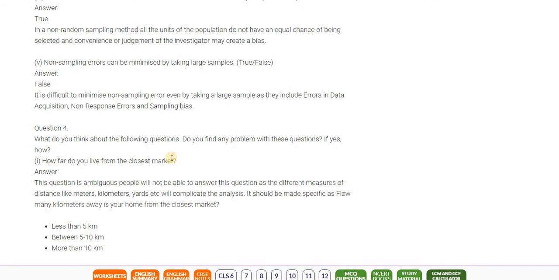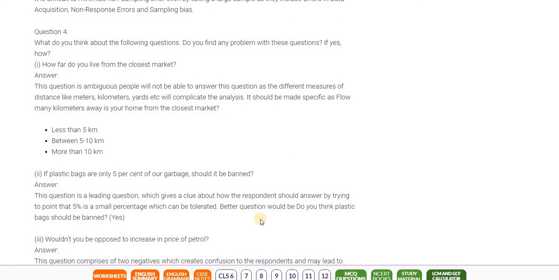People will not be able to answer this question because of the different measures of distance. How far? That person should know how many kilometers, how many yards, meters. Then they will get confused. Then we can ask a question like less than 5 kilometers, between 5 to 10 kilometers, more than 10 kilometers. Like that we can give options.